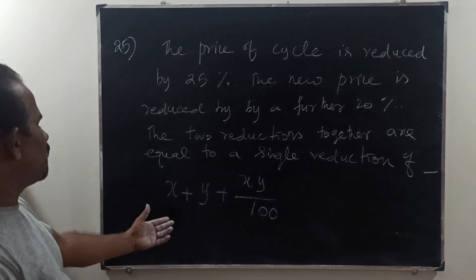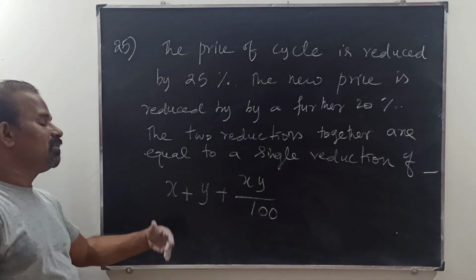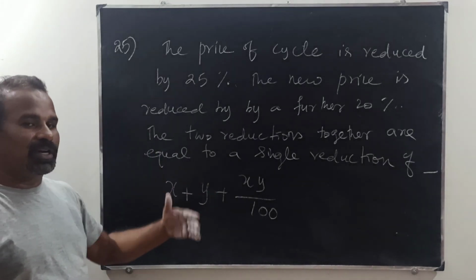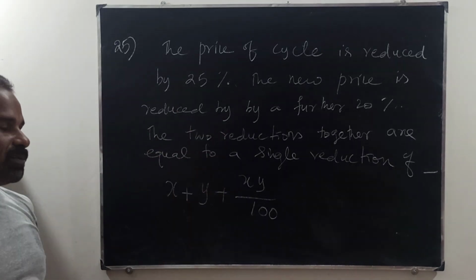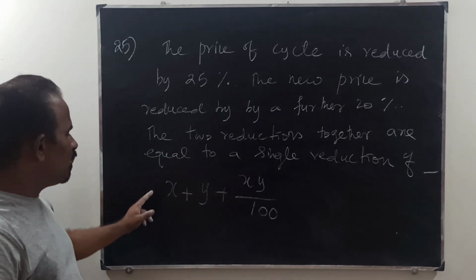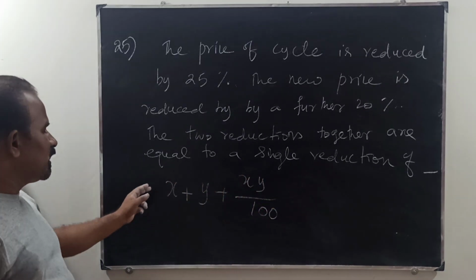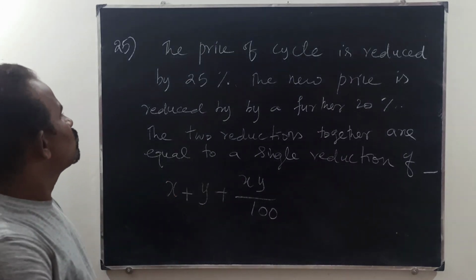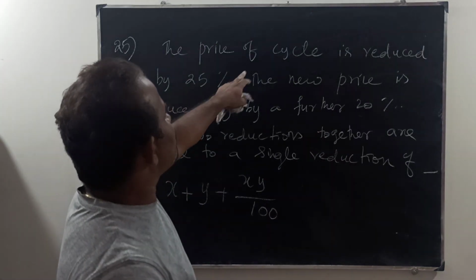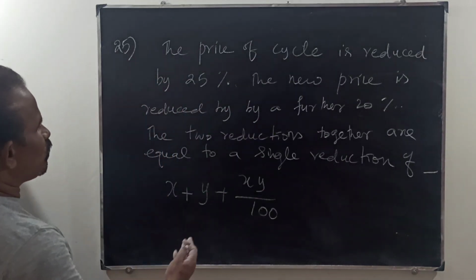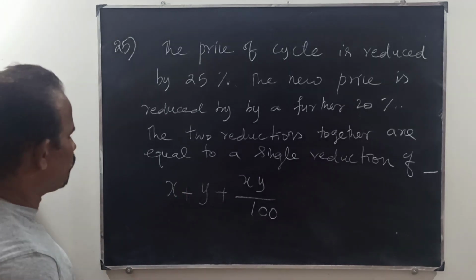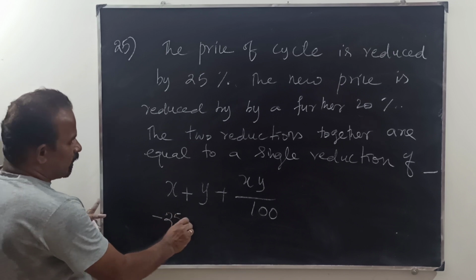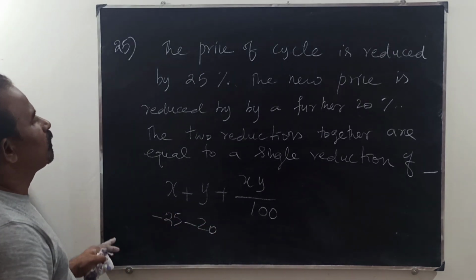This is the formula for successive increase or decrease, or decrease or increase, or something like that. This is the overall effect. Increase stands for plus, decrease stands for minus. So here 25% reduced, further 20% reduced, both will be negative. So here is minus 25, again minus 20.